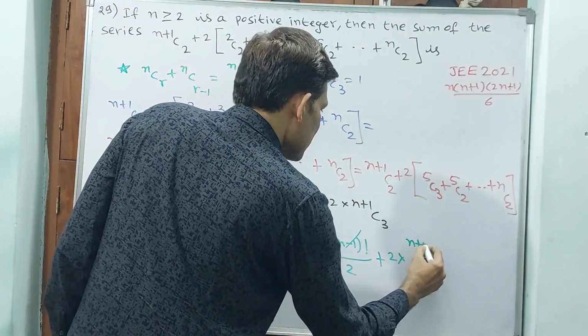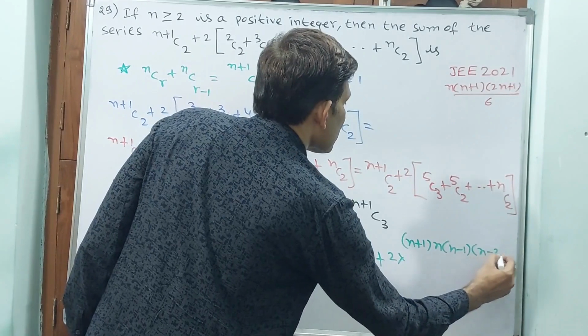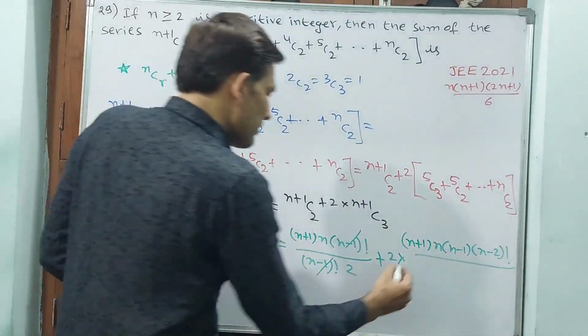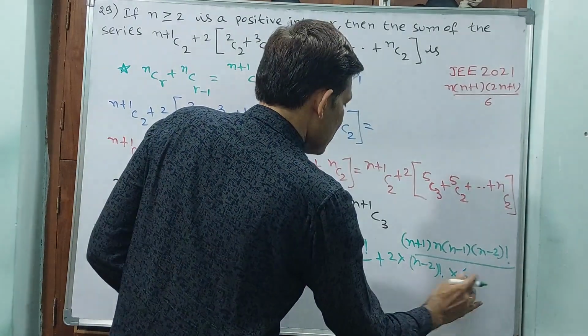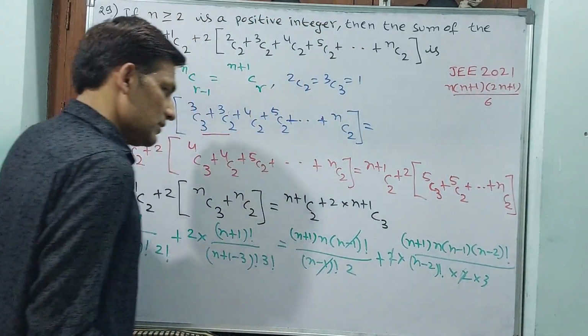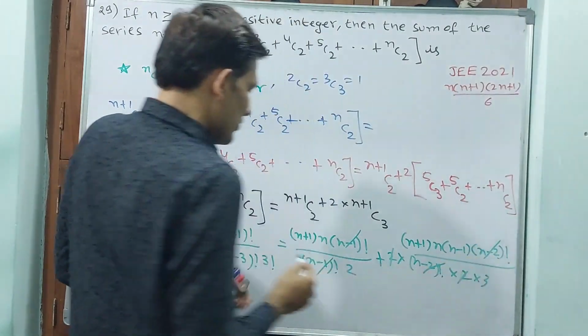That means (n+1) into (n-1) into (n-2) factorial, by (n-2) factorial into 6, where 3 factorial is 2 into 3. Why? The 2 gets cancelled out in the first term. Here the 2 is not cancelled out. The (n-2) factorial gets cancelled out.